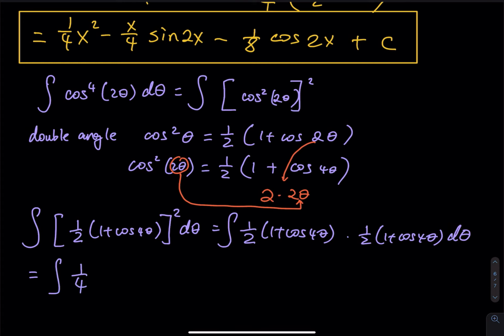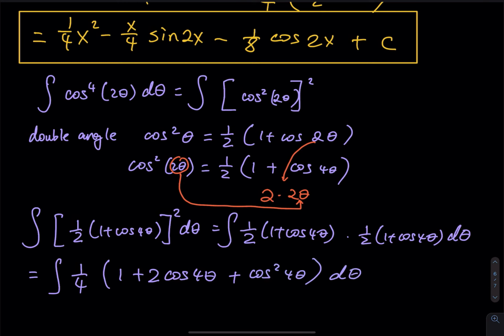And then you have a parenthesis times another parenthesis, and they are in plus. So that will be 1 plus 1 times 1, 1 times cosine plus 1 times cosine, so 2 of that cosine. And then cosine 4 theta times cosine 4 theta, that will be cosine square 4 theta. And then we have a d theta.